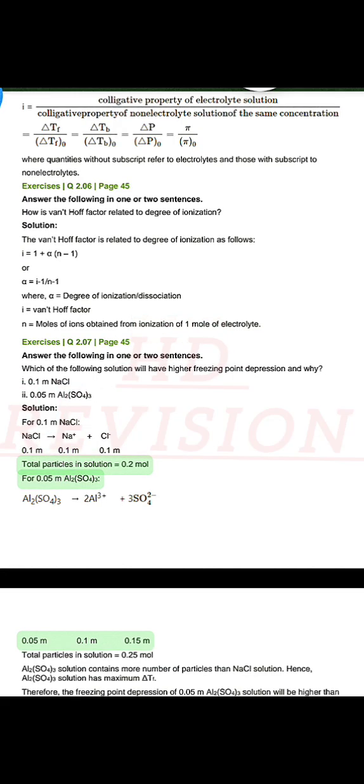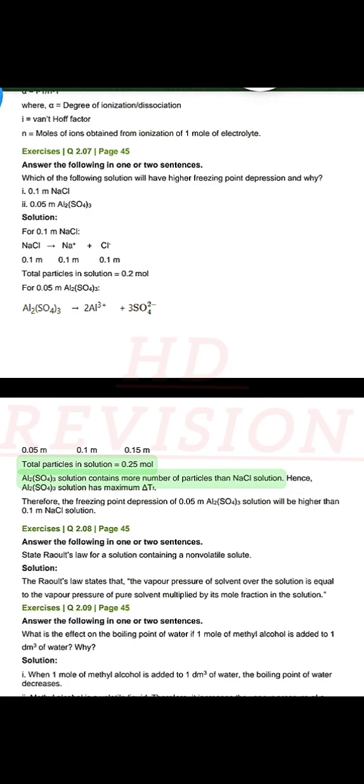Total particles in solution equal 0.2 moles. For 0.05 molal Al2(SO4)3, 0.05 molal, 0.1 molal, 0.15 molal. Total particles in solution equal 0.25 moles.